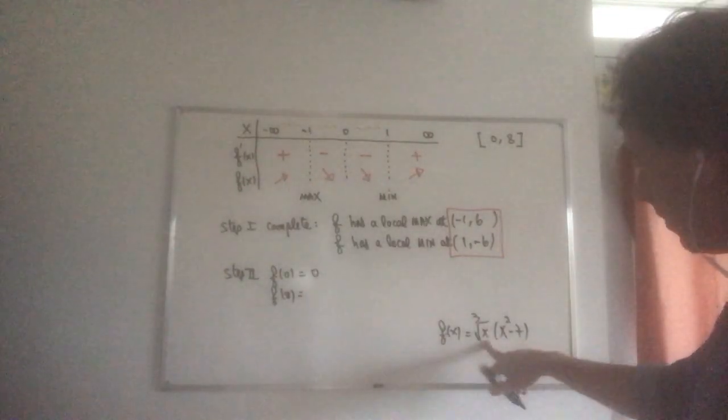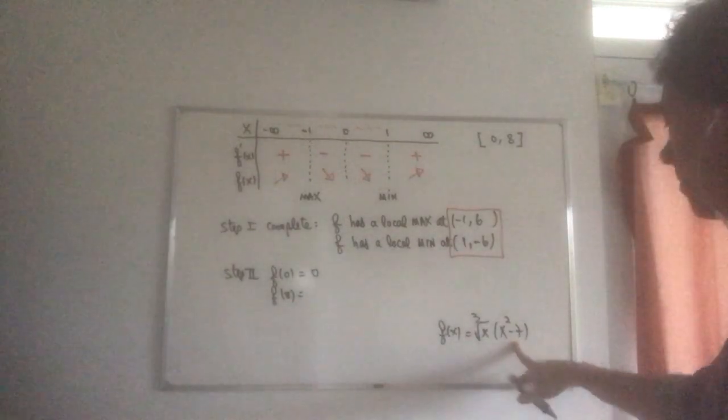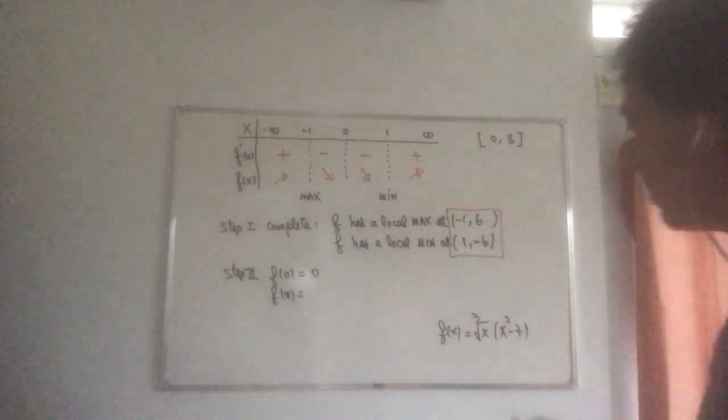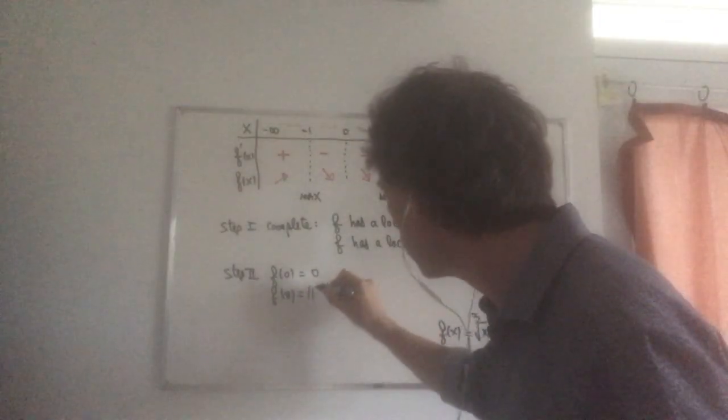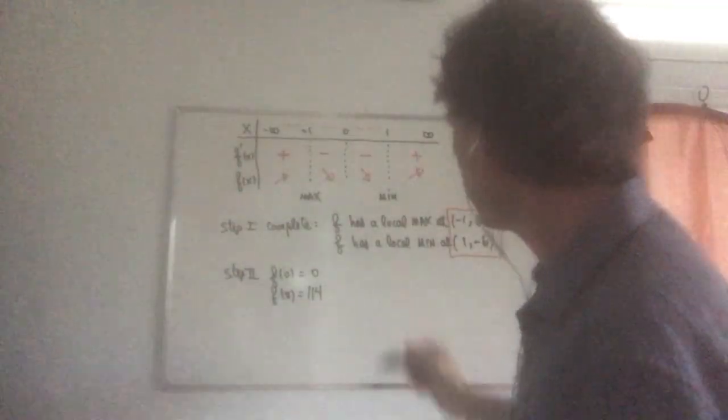The cube root of 8 is 2. 8 squared is 64 minus 7 is 57. 57 times 2 is 114. So these are my endpoints.